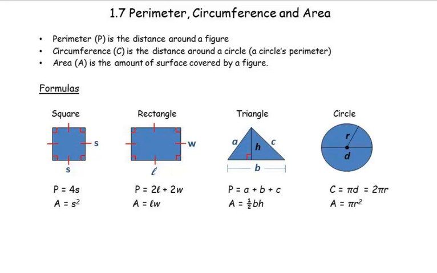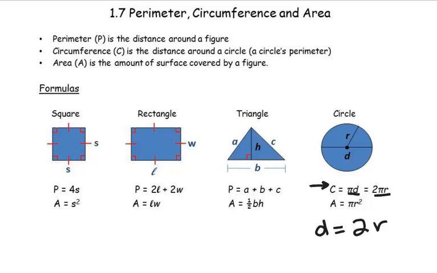Okay. Then we have a circle, whose perimeter is actually called circumference, right here, C. And the circumference is, you can use one of 2 formulas depending on the given information. We can do pi times diameter, or we can do 2 times pi times the radius. And we know that the diameter equals 2r.